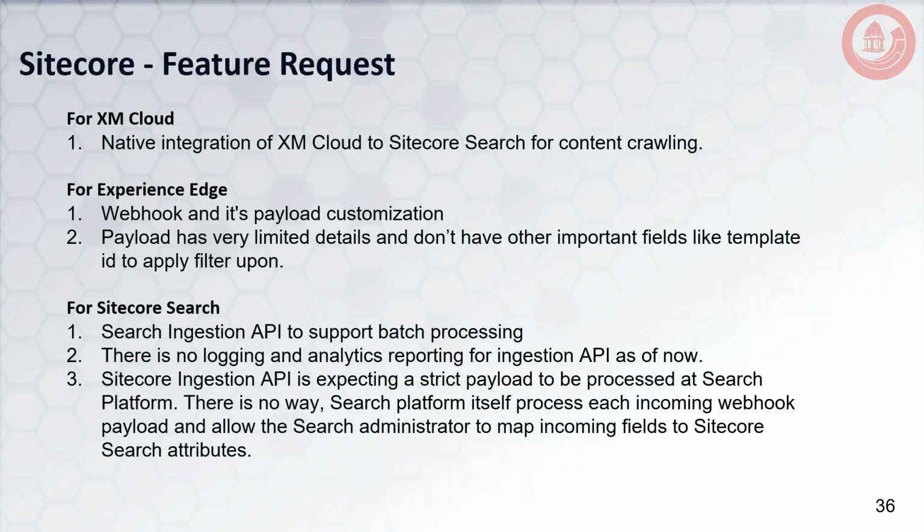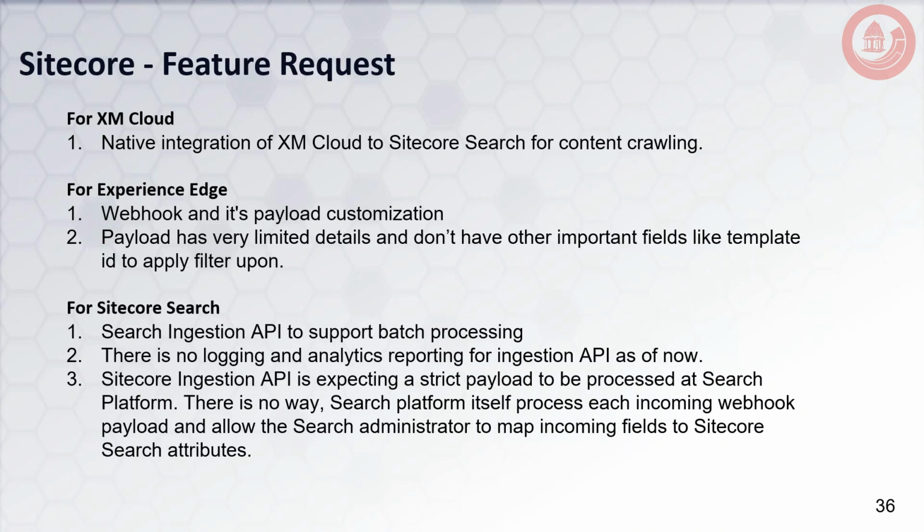And the next one is that the Sitecore ingestion API expects a strict payload to be processed at the search platform. There is no way for the search platform itself to process each incoming webhook payload and allow the search administrator to map incoming fields to Sitecore Search attributes.